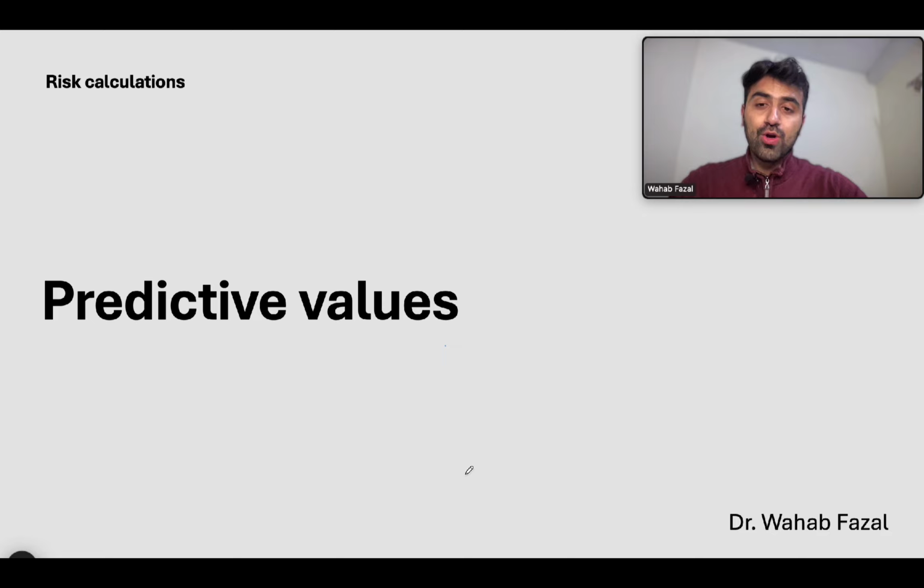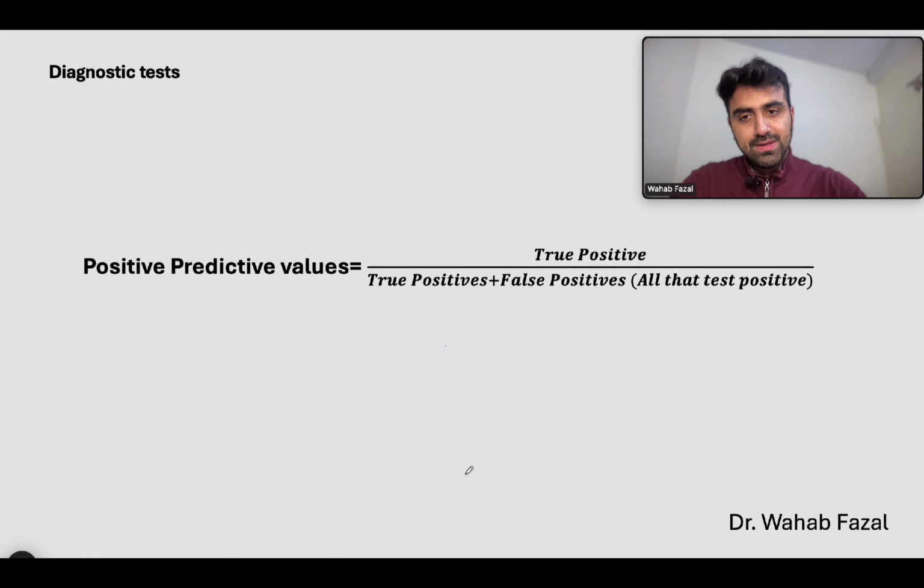Now, let us talk about a concept called predictive values. I want you to remember the formulas for predictive values and use the trick that I use. Just remember the formula for positive predictive value, and you will remember the formula for negative predictive value by itself. How does this work? For positive predictive value, just remember the two P's in the name, positive predictive.